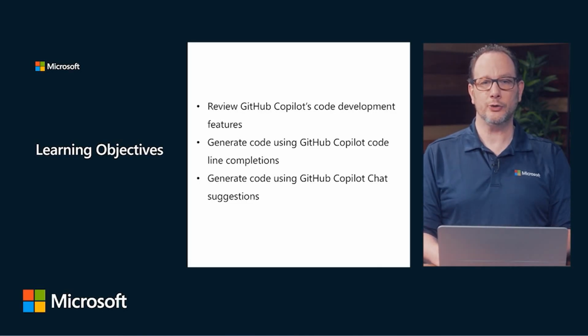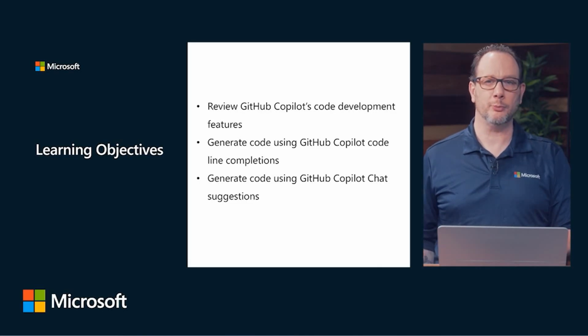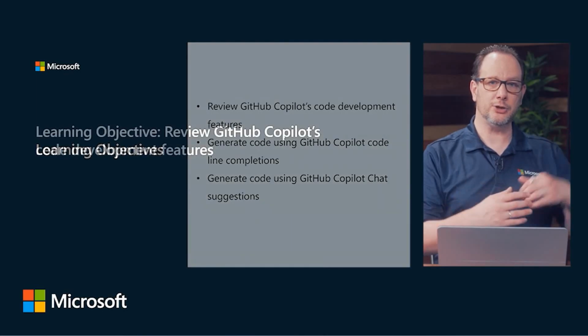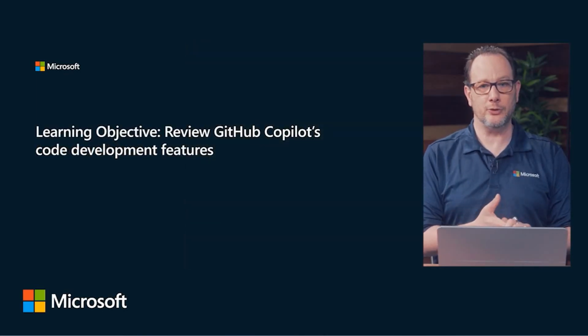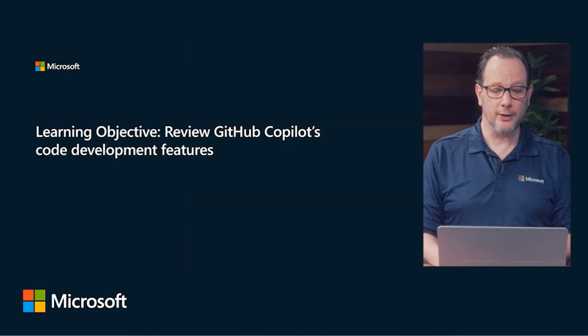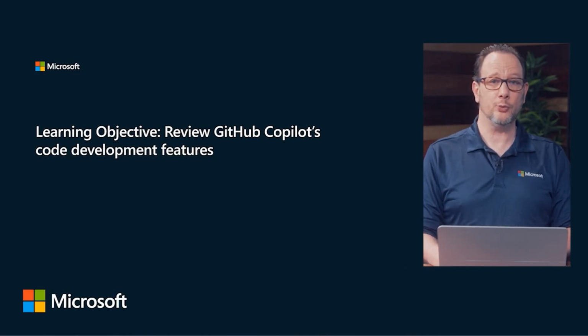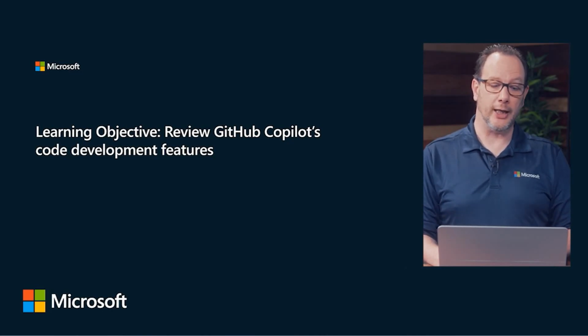And again, we're going to use the code inline completions, directly updating the code files, but we're also talking about using it from that little chat suggestion on the outside of it. So with that, enough about introduction, and let's move on with the first piece, showing you what code development features are actually about.